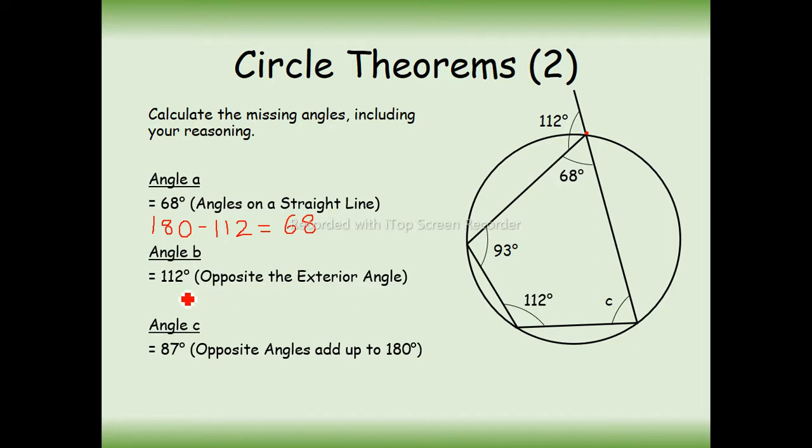All right. So these are supposed to add up to 180 degrees. So 180 minus 68 is going to be equal to 112. And then similarly, for 93 and C, C is going to be equal to 180 minus 93, which is equal to 87.